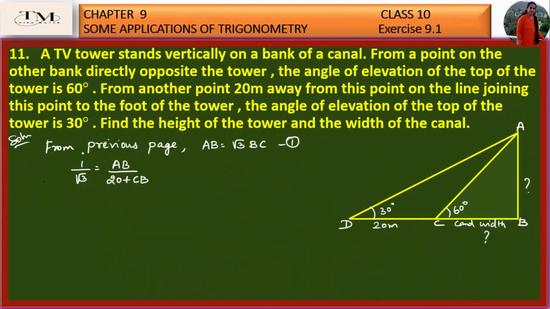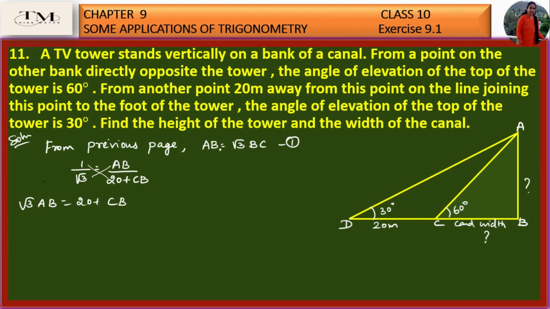From the previous page, we have AB is equal to root 3 BC, from triangle ABC. From triangle ADB, we got 1 by root 3 is equal to AB by 20 plus CB. Now we cross multiply: root 3 AB equals 1 into 20 plus CB.